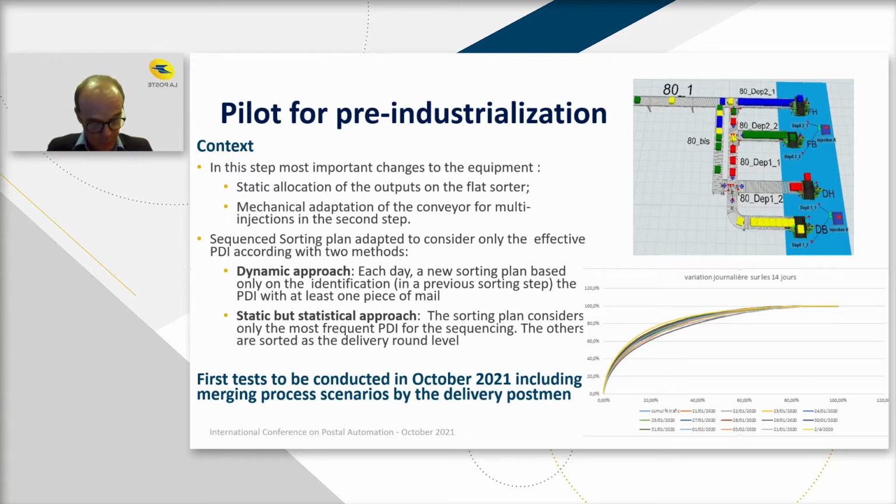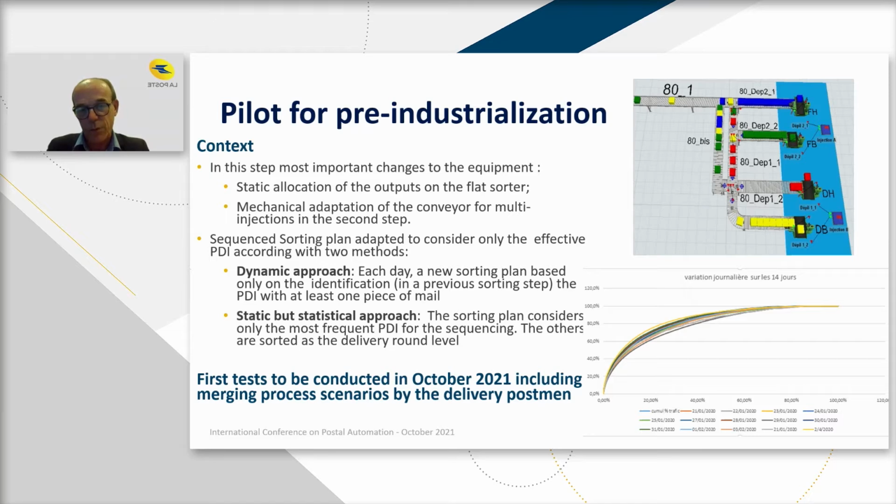And the next important change in this phase that we are now experimenting is that we are working with real data of points of delivery. That means that we have 2 ways to do that. We try to reduce the number of points of delivery to the real number of each day.